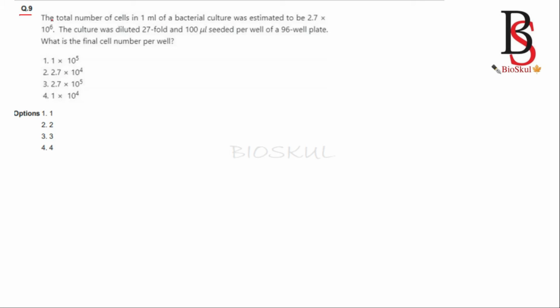Question number 9. The total number of cells in 1 ml of bacterial culture was estimated to be 2.7 into 10 to the power 6. In 1 ml bacterial culture, the total number of cells is 2.7 into 10 to the power 6. We can write it as 27 multiplied by 10 to the power 5 also.